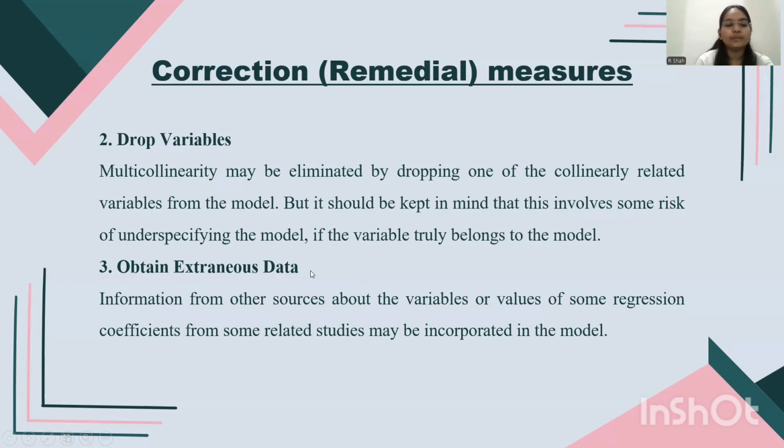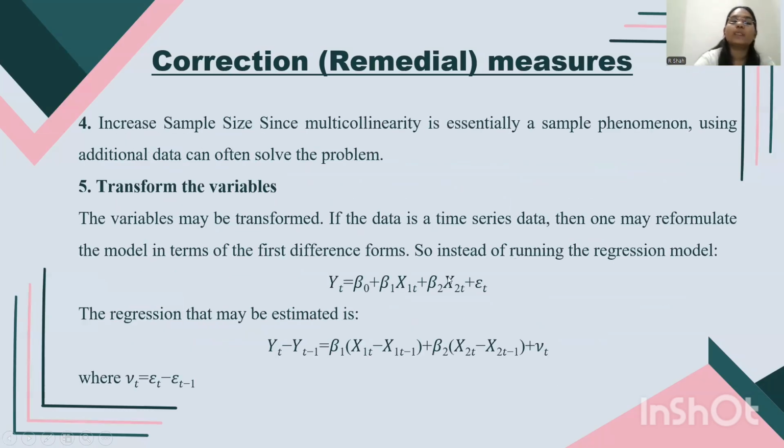Number three, obtain extraneous data. You can take some extra data. Information from other sources about the variables, or values of some regression coefficients from related studies, may be incorporated in the model. Number four, increase sample size, since multicollinearity is essentially a sample phenomenon.